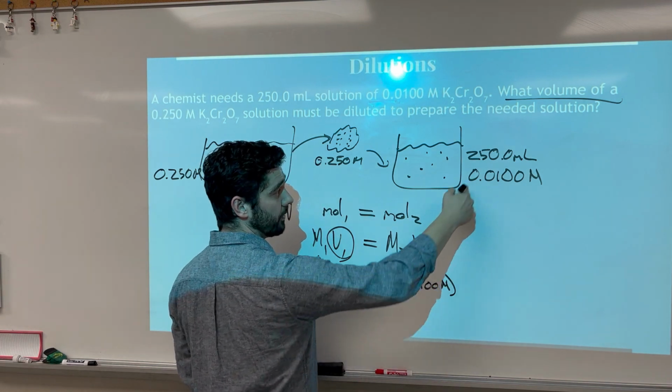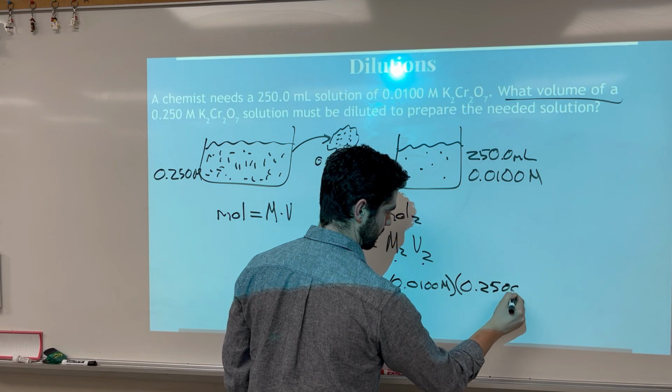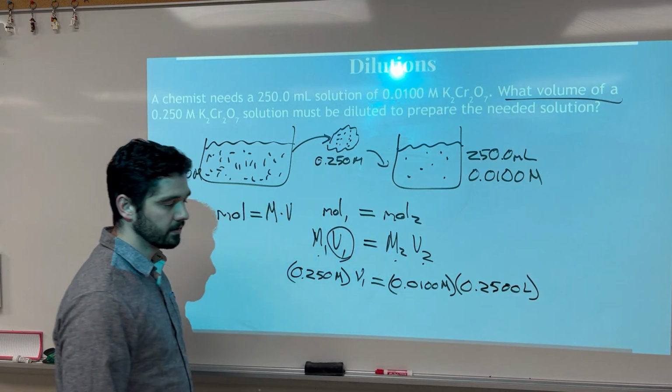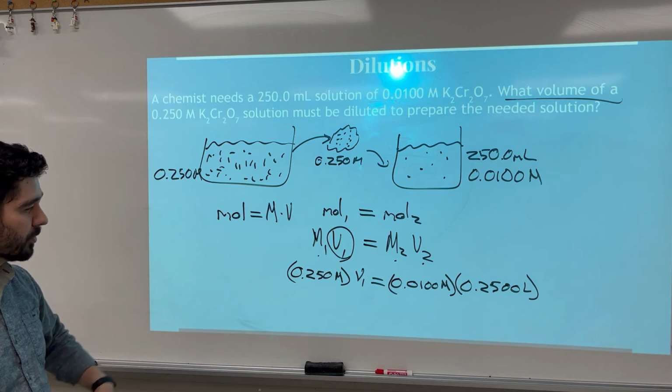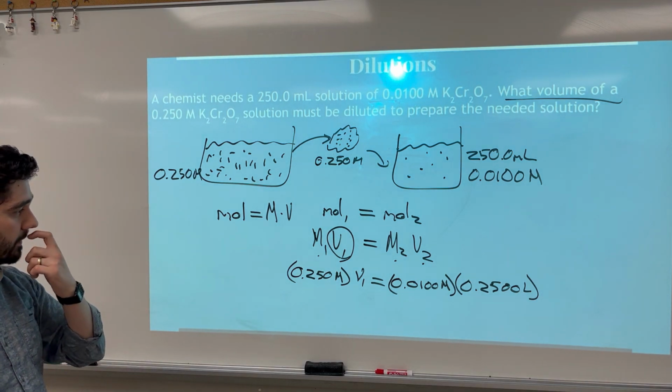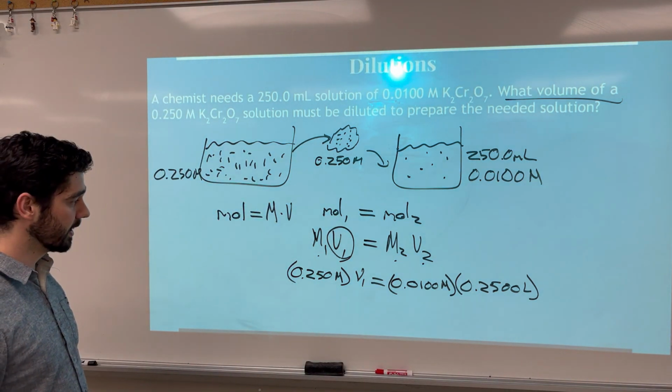And then my ending volume is also right here. Okay, I put it in liters, right? We want to do everything in liters. Okay, you could probably get away with not doing, if you did milliliters and milliliters, I think it'd work out, but we're going to do liters.